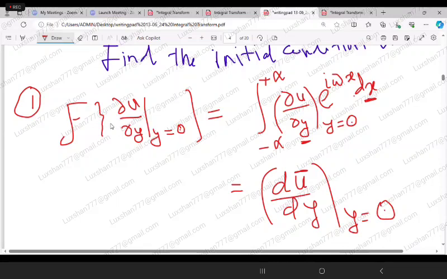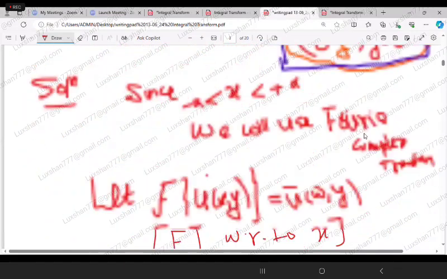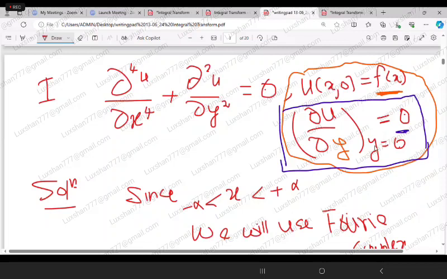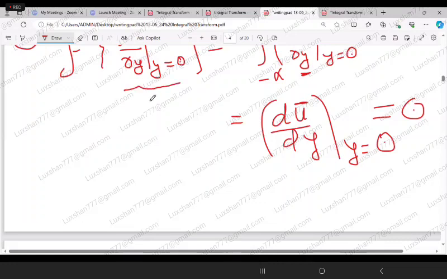But we are given that this one is 0. Just look at here. We are given that ∂u over ∂y when y equals 0 is 0. Therefore, this part is 0.